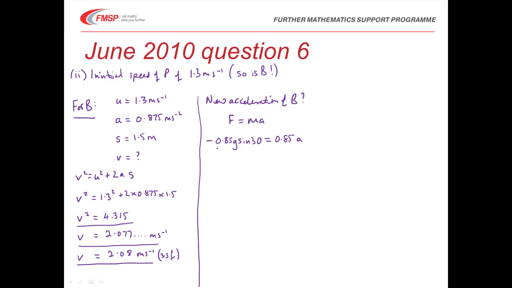Well, clearly those two 0.85s will cancel out, and that leaves me with the acceleration equals minus g, which is 9.8, times sine 30, which is 0.5. That gives me a nice answer that A is exactly minus 4.9. So for the next part of the calculation, I'm going to use an acceleration of minus 4.9 meters per second squared.